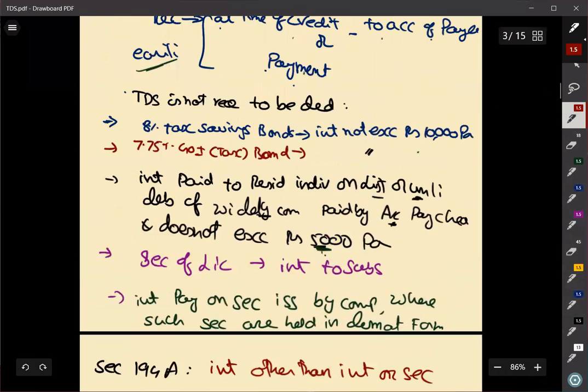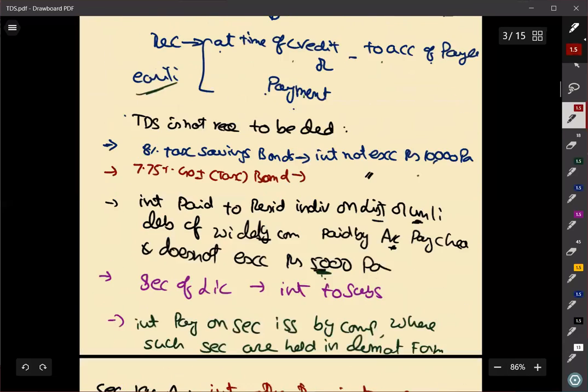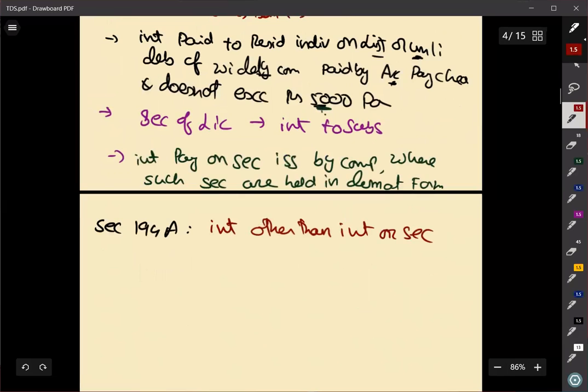Why? Because interest on securities is already covered by section 193. So apart from interest on securities, whatever other interest you have will be covered by section 194A. Means what? Loans. On these loans, you need to pay some sort of interest. So interest on loan, any interest other than interest on security, forms part of section 194A.